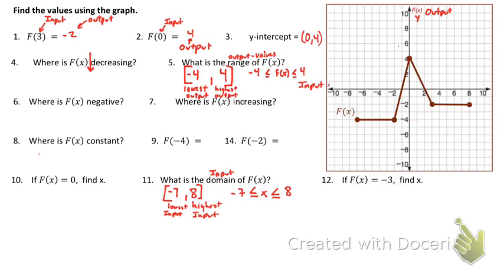What we want to do is look at the graph starting at the left, and as we move to the right, our graph, as you can see, goes up and down. What we want to know is when does this graph go down?